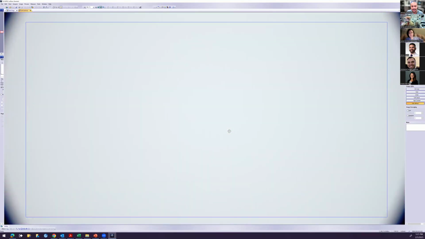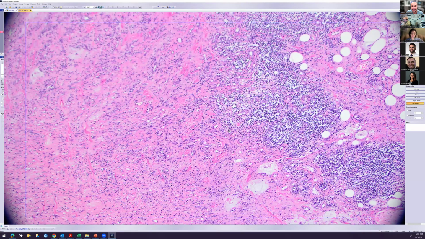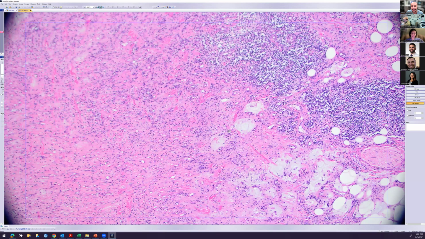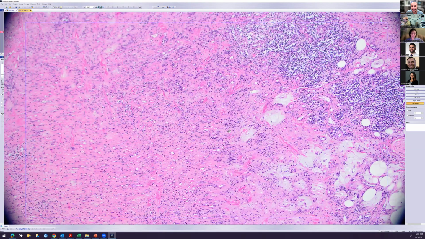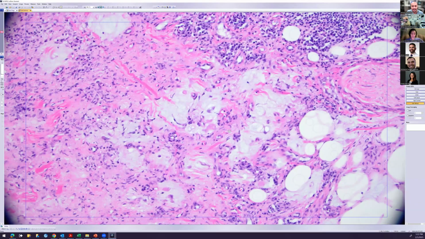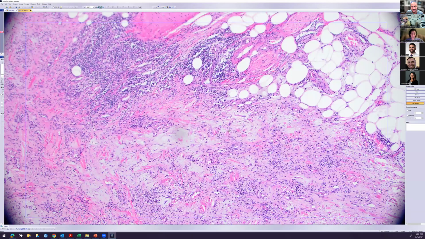Let me see. I think I have another example on glass, another MIFS here. Sometimes they're not quite so fantastic as that, but there's a lot of inflammation and a mixed fibrous and myxoid background, like these myxoid areas. Within these myxoid areas, you can see our cells of interest generally.